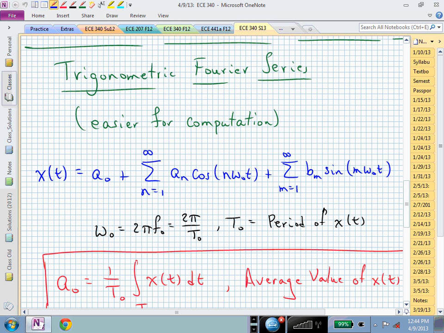The average value is that little a sub 0, and that's what this first formula tells us: the average value of our periodic waveform, x of t, we will simply represent as a sub 0.